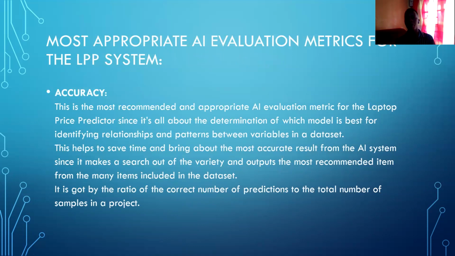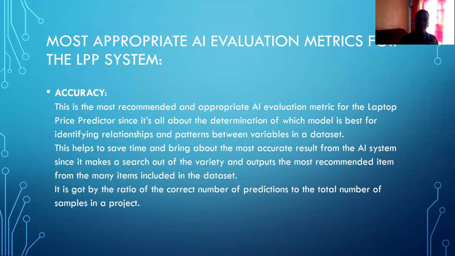And then the most appropriate AI evaluation metric for the LPP system is the accuracy evaluation metric, which is the most recommended and appropriate AI evaluation metric for the laptop price predictor, which is the LPP system, since it's all about the determination of which model is best for identifying prices.